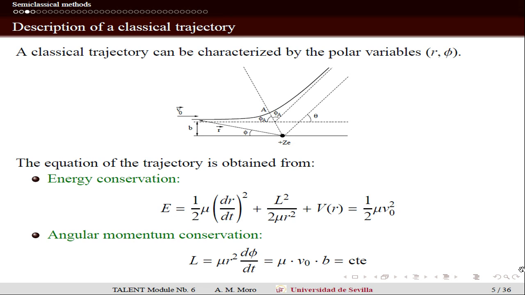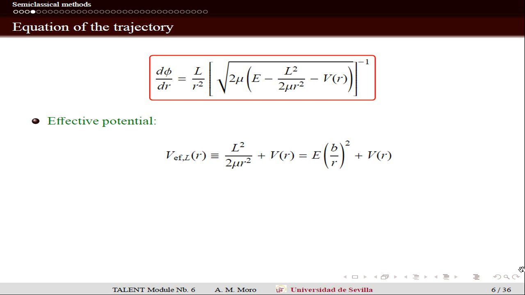Okay, so this is a classical problem. You have two equations. Once we fix the impact parameter, so we are fixing the angular momentum and the energy, the velocity, we can solve these equations for r or for phi, for both of them. So this is a parameterized form of the trajectory.